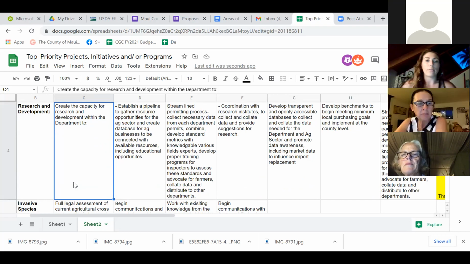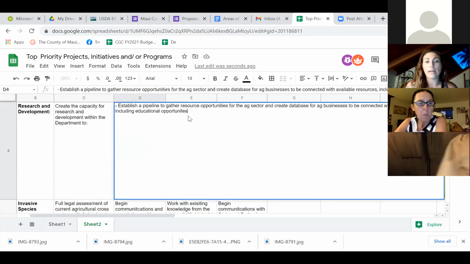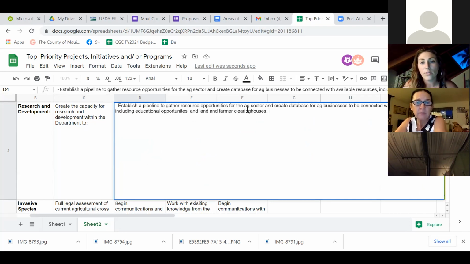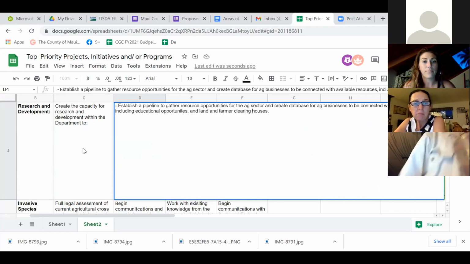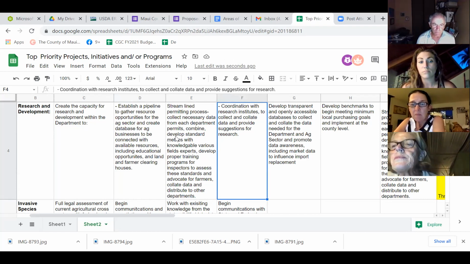Yes, please. Somewhere. Well, I can put educational opportunities and land clearinghouses right here. That work? Land and farmer clearinghouses, because we're trying to connect farmers and land. Thank you. You're welcome. Would that also include a pipeline for funding opportunities?